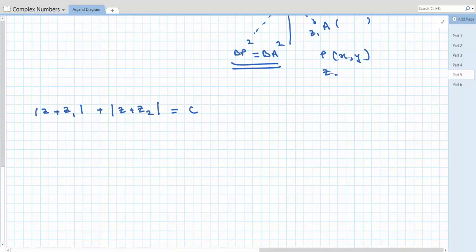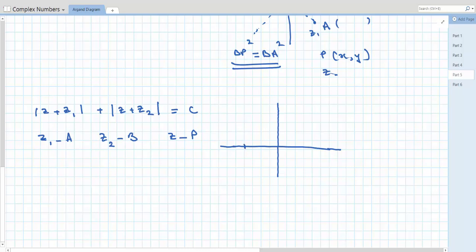What are we saying here? Let's say z1 is represented by the point A, and z2 is represented by the point B, and our locus is represented by the point P. I am going to draw a very simplified example of this on an Argand diagram.